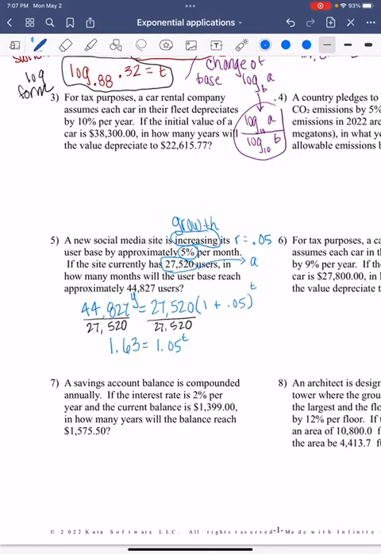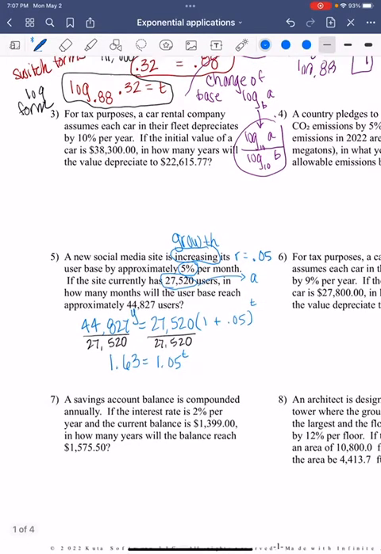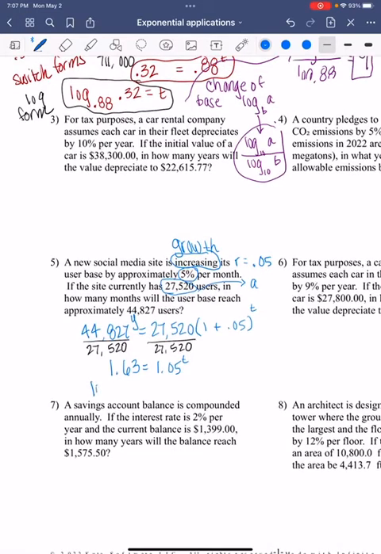Great, it's in exponential form, switch forms. So this is now the log base 1.05 of 1.63 is equal to T. All right, and now I'm going to do the change of base so I can plug it into my calculator. Depending on your calculator, you might be able to plug it in like right here as it is, and I will show you that when I get back.